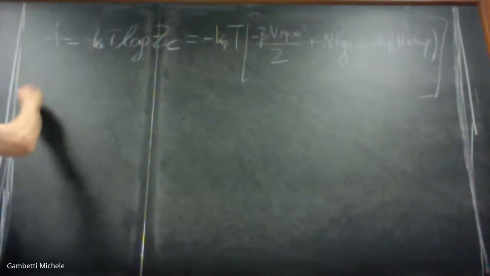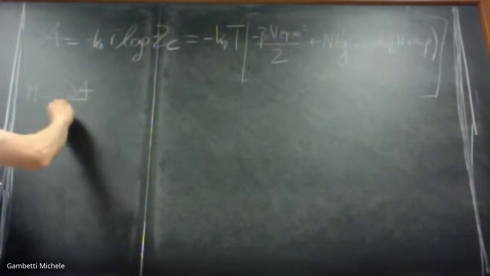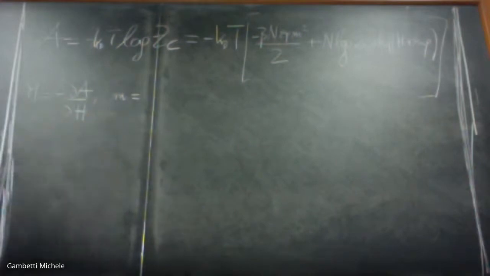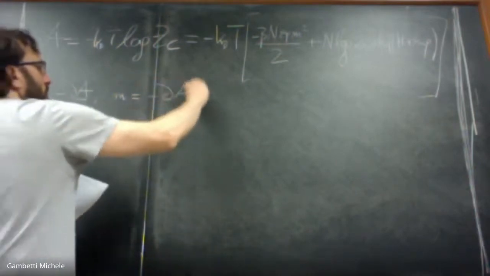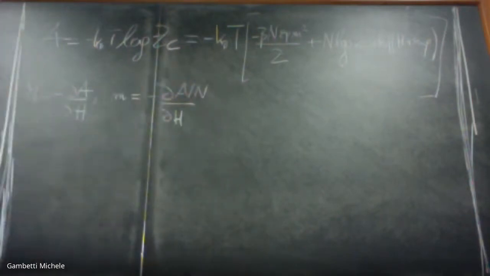Now the magnetization capital M is minus the derivative of A with respect to h, and we have defined small m as minus the derivative of A per particle divided by h. So what we do here is derive this quantity with respect to h.